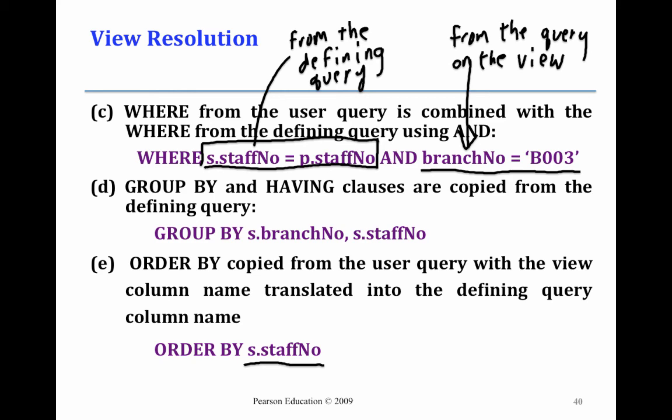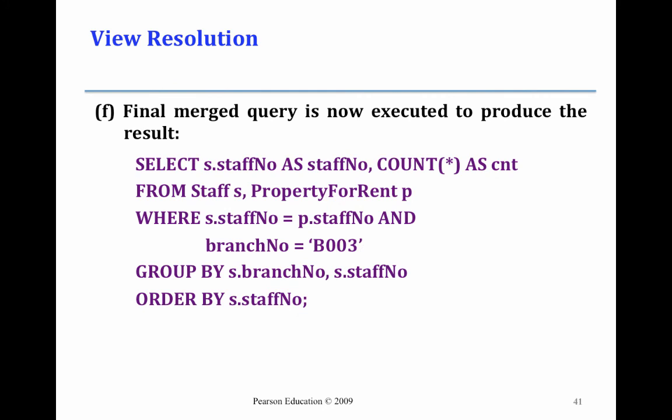Okay, so these are the 5 steps. Make sure there's not a 6th one. No, those are the 5 steps that the query optimizer goes through to translate a query on a view to a query on the underlying relation. So when it's done with those 5 steps, this is the query it comes up with.